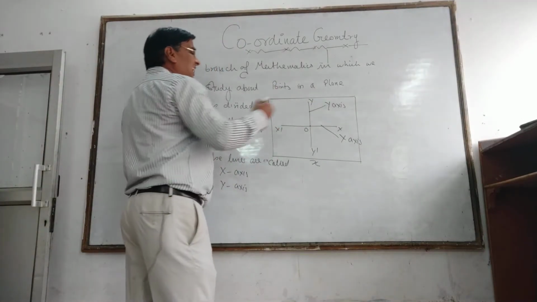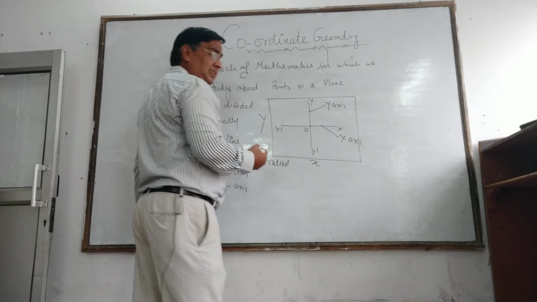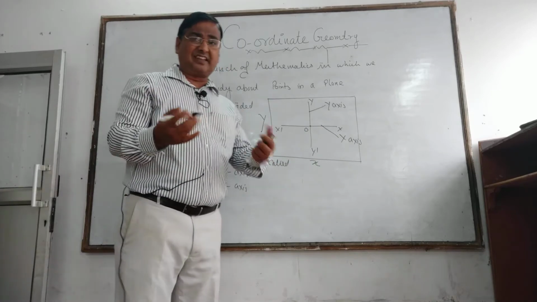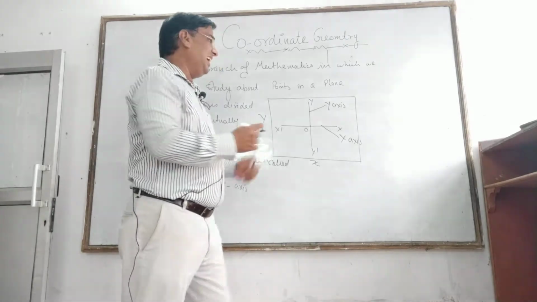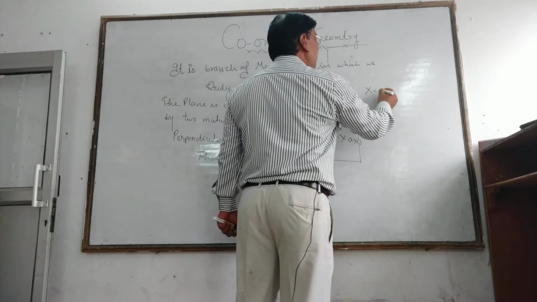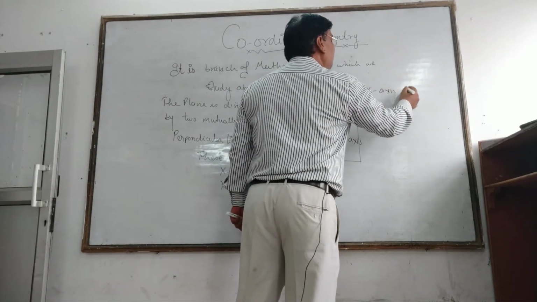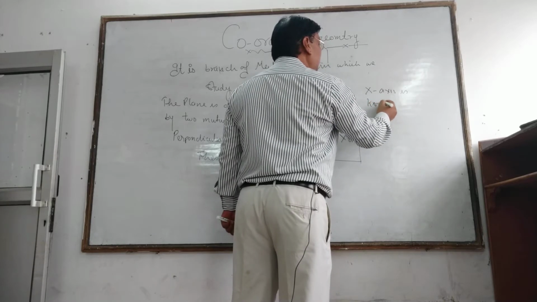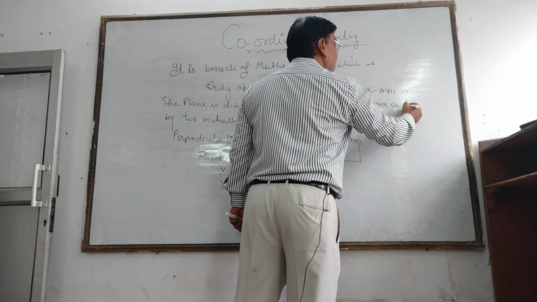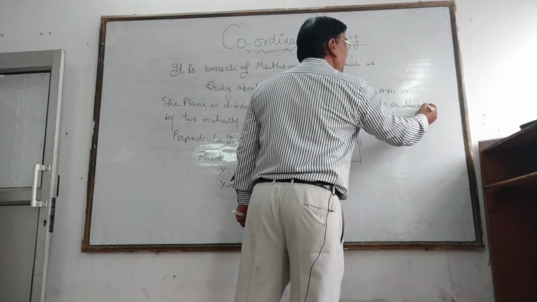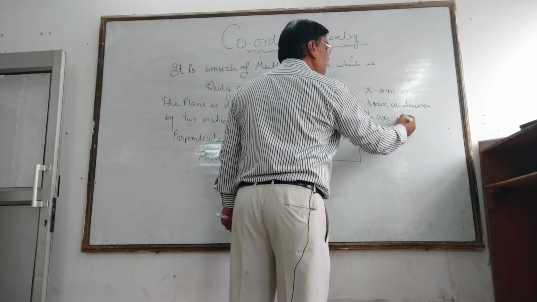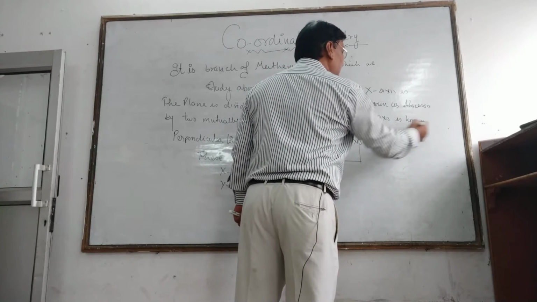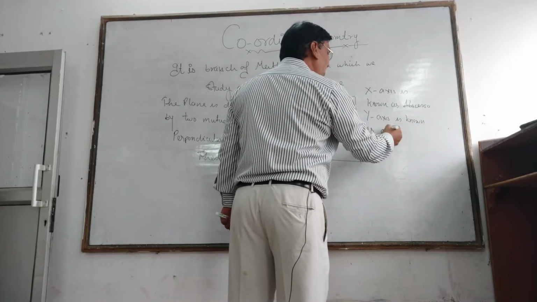Here, the x-coordinate is also known as the abscissa, and the y-coordinate is known as the ordinate.